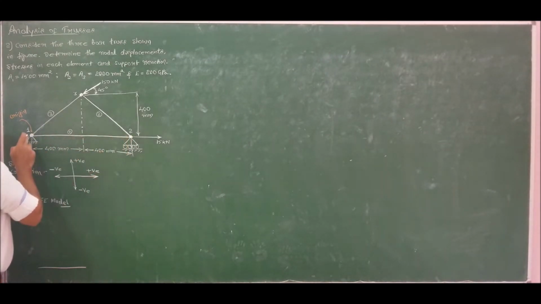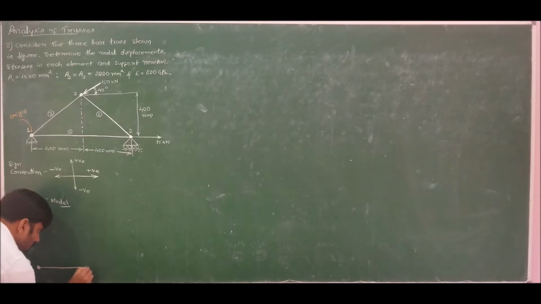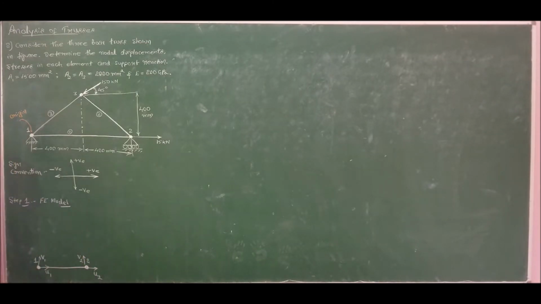So therefore, this is the initial node and this is the final node. This is node number 1 and this is node number 2. At node number 1, I should compute displacements u1 and v1. At node number 2, I should compute u2 and v2.